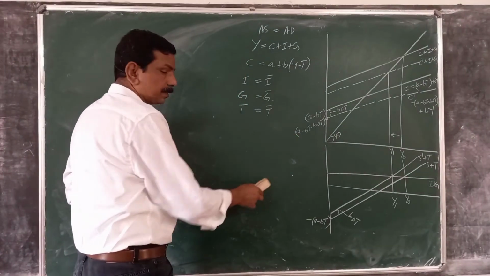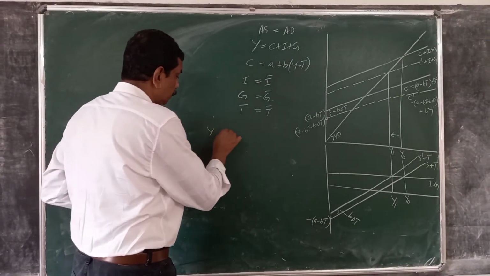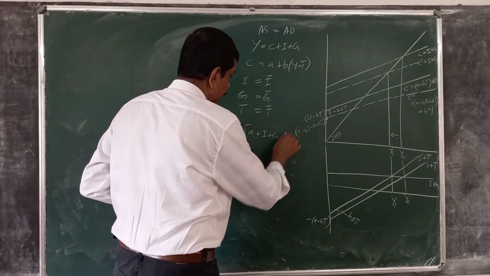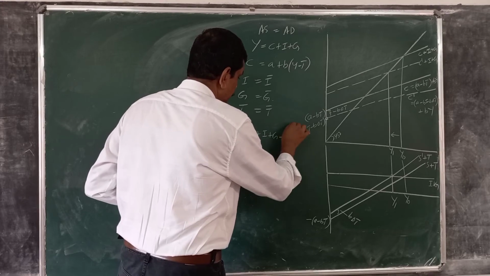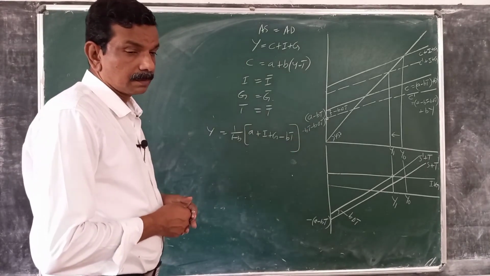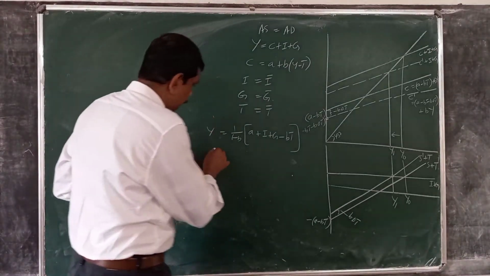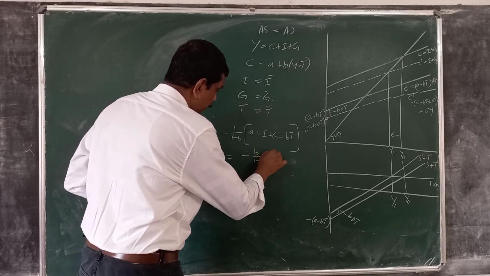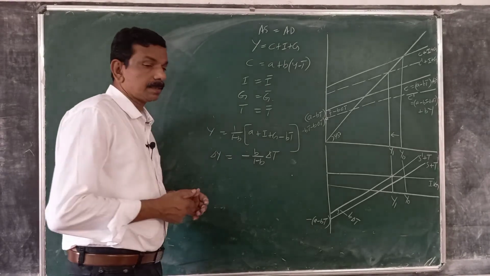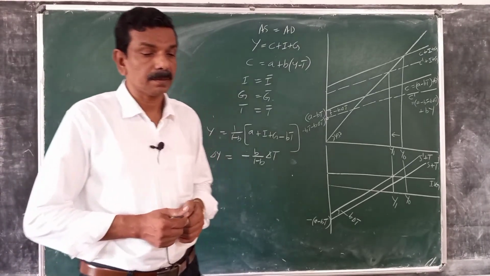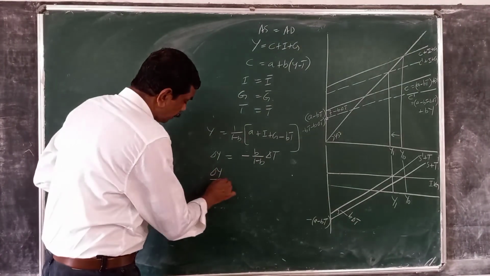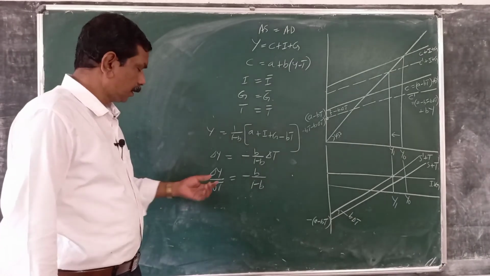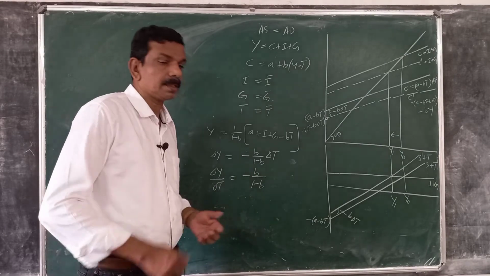In mathematical terms, the equilibrium level of income is 1 by 1 minus B into A plus I plus G minus BT, and delta Y is equal to minus B by 1 minus B into delta T, or delta Y by delta T is equal to minus of B by 1 minus B. And this is the tax multiplier.